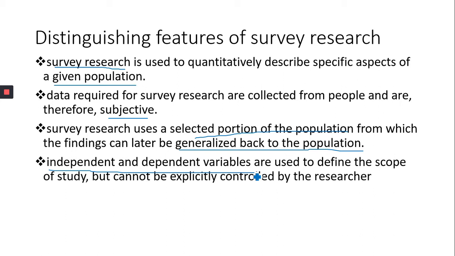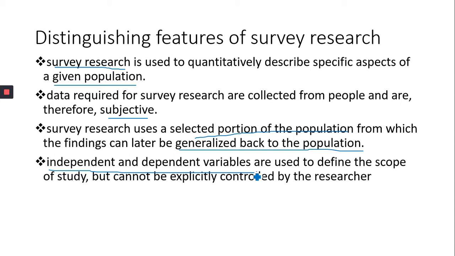We manipulate them, we control them. Then we observe the dependent variable, or the variate, or simply the endogenous variable. In the case of a survey, dependent variables, we just use them to define the scope.